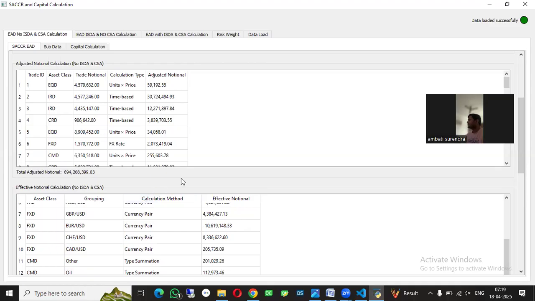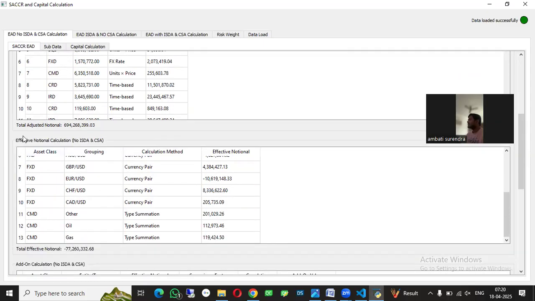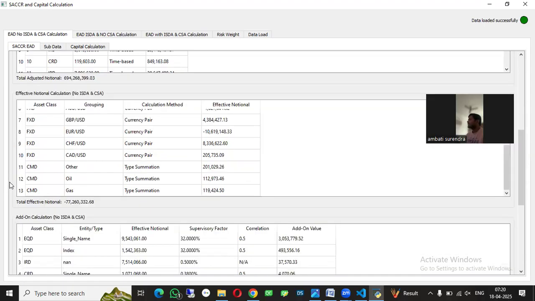Price means spot price. By multiplying that, we get the adjusted notional for that entire asset class. Once we come up with this number, we calculate the effective notional, which is used in the calculation of PFE.